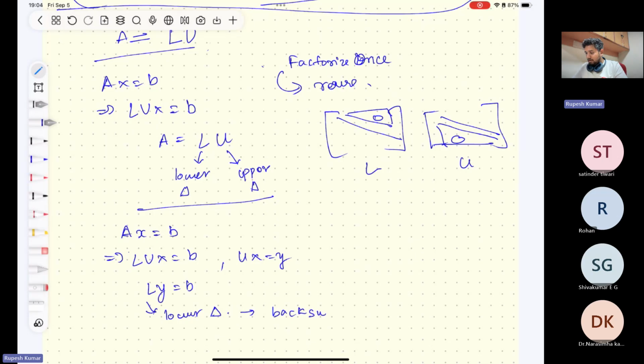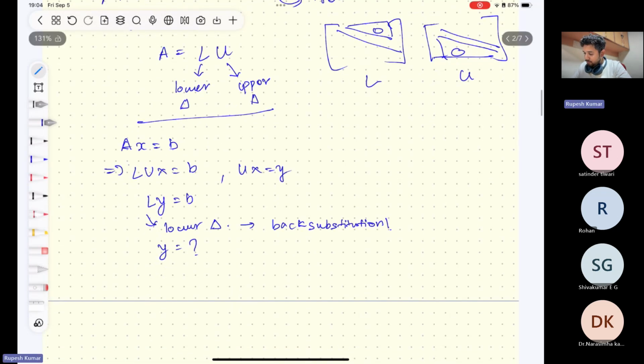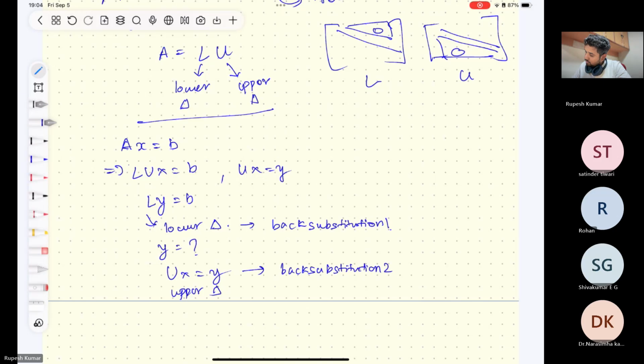You don't need to figure out the elementary row operations. Now from here you can figure out the value of y. Now if you know y, you can do Ux equals y. Again, this is upper triangular, and you have to do again a back substitution. Simple, right?